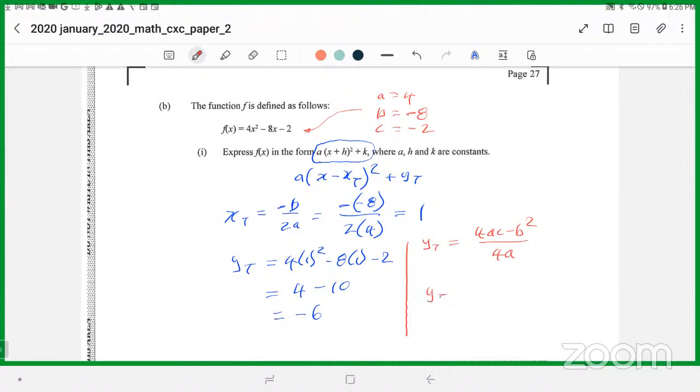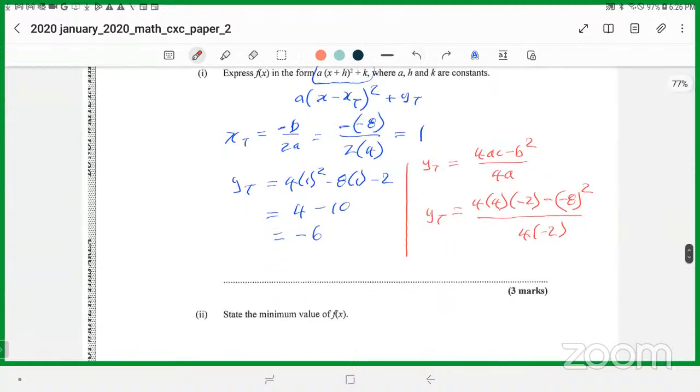So yt becomes 4 times the a, which is 4, times the c, which is negative 2, minus b squared, which is negative 8 squared, divided by 4a, 4 times 4. See how all of this works down when, because it's a whole number, we get it easily right there. We're supposed to get negative 6.